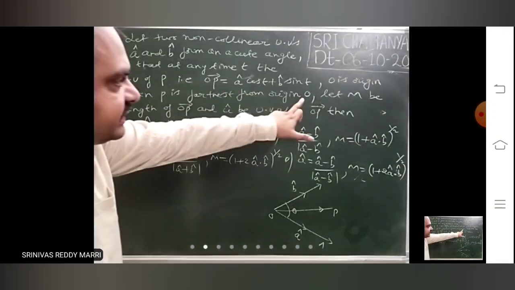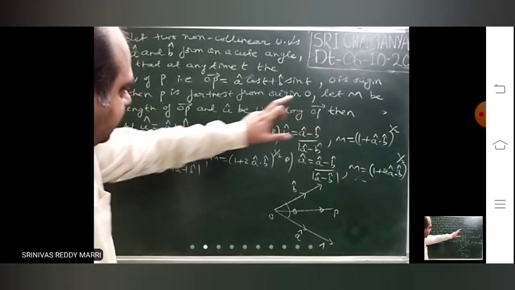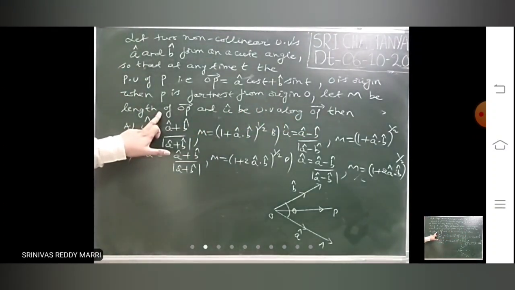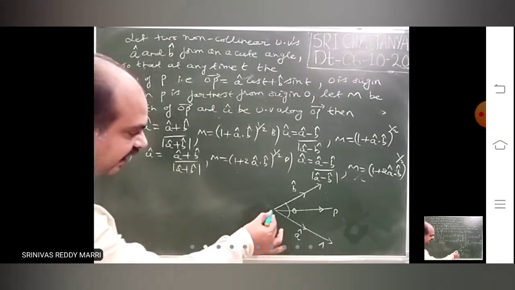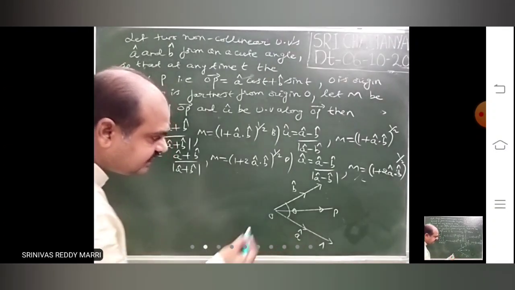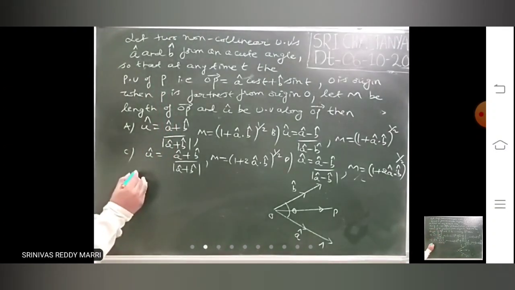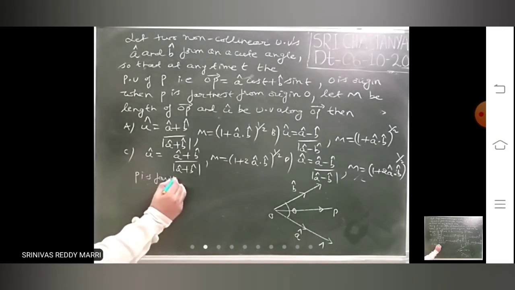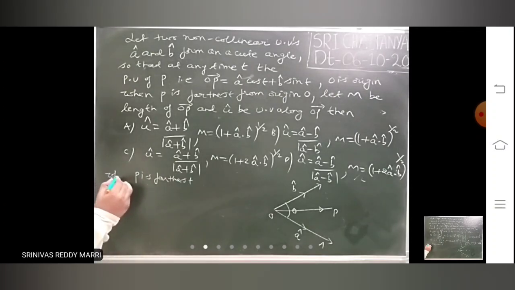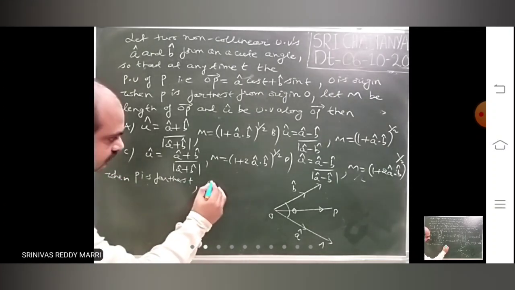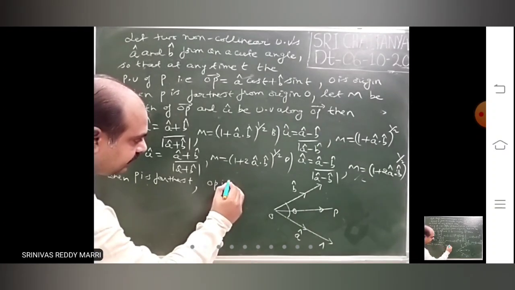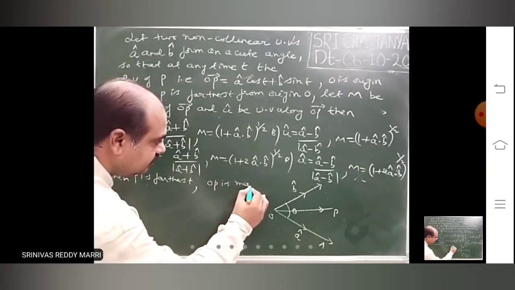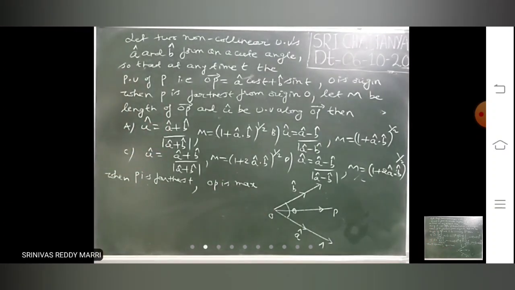When P is farthest from the origin O, let M be the length of OP bar. That means P is farthest. Farthest from origin means when P is farthest, OP is maximum.